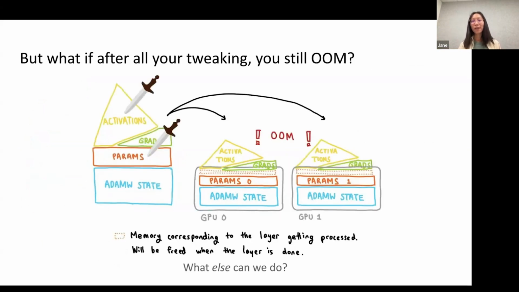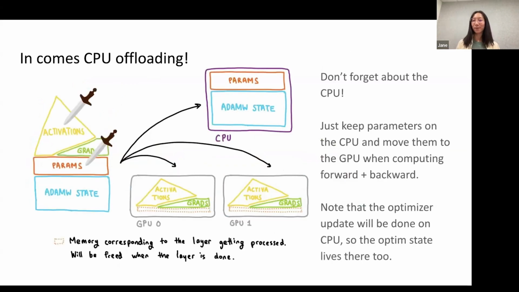Okay, so let's say after you do all of that, you still OOM. What can you do now? What else is there? What is left? That's where CPU offloading comes in. And it's nice because the CPU is like your little brother on the side who's not doing anything as you're trying to beef up stuff, but it can hold things. So you can make it hold your parameters as you are iterating.